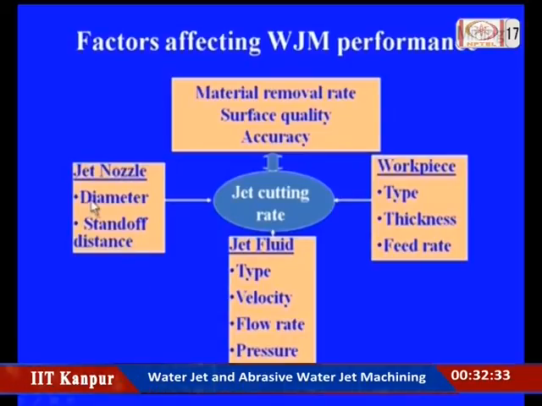Here the jet diameter or the nozzle diameter is one of the major factors. So, the higher the diameter of this nozzle, the more possibility that the water stream coming out through this nozzle will get diversified more.